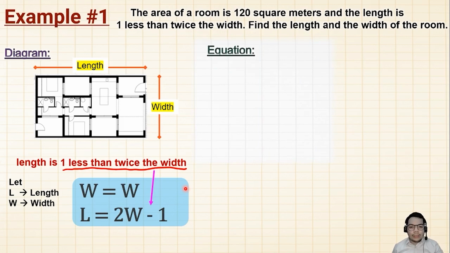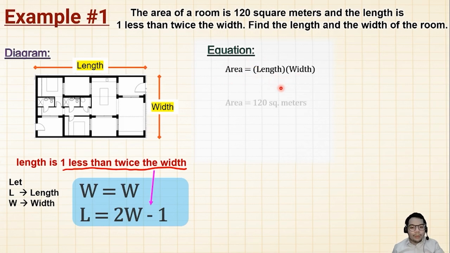So, we can still analyze the given. Ang nagamit pa lang natin na unknown dun is yung length and width. So, we can still use 120 square meters. From that, it says that 120 square meters is the area. So, we can recall the formula of the area, which is equal to length times width.